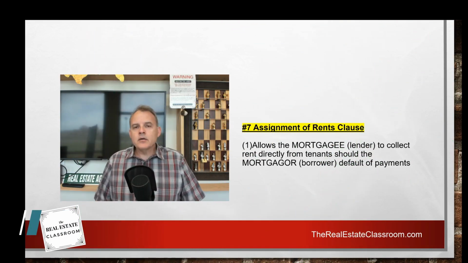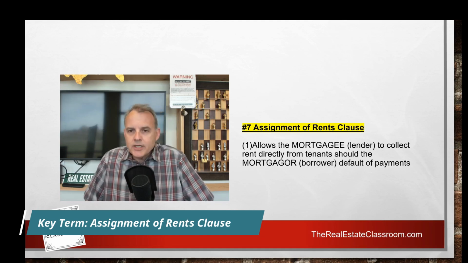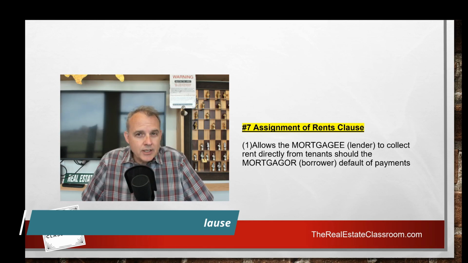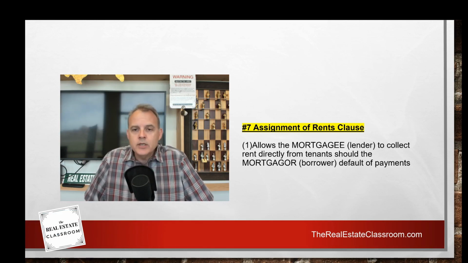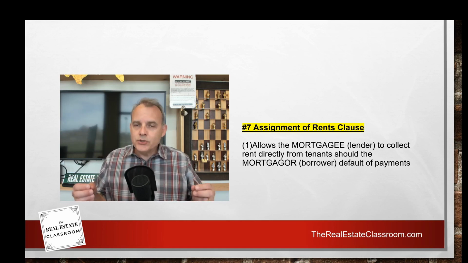And the last one I want to talk about is called an assignment of rent. Again, this protects the mortgagee, which is the lender, and the mortgagor is the borrower. It allows the mortgagee to collect rent directly from the tenant in the event that the mortgagor, the borrower, defaults on monthly payments.